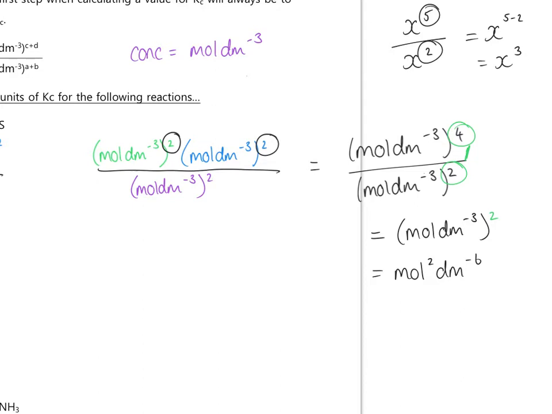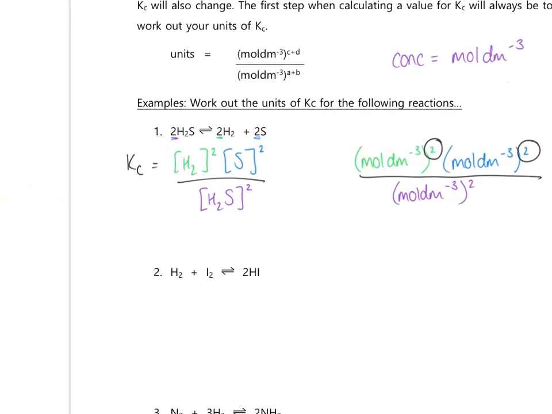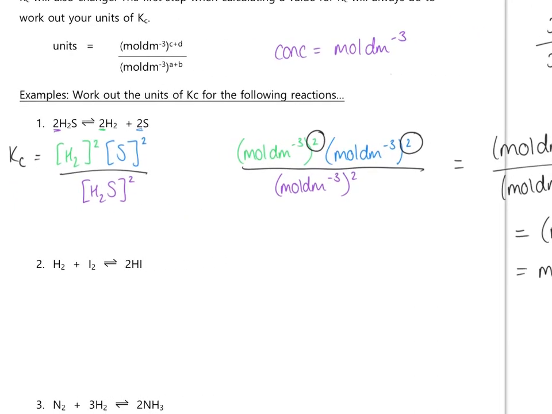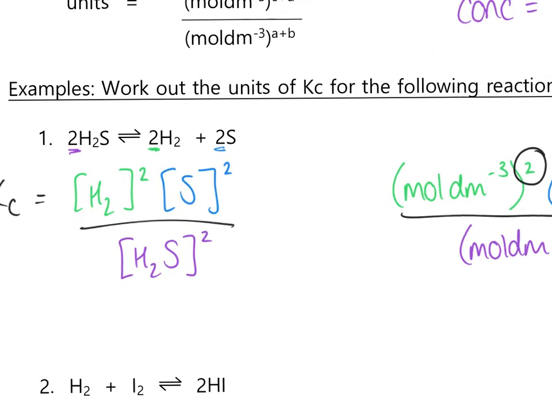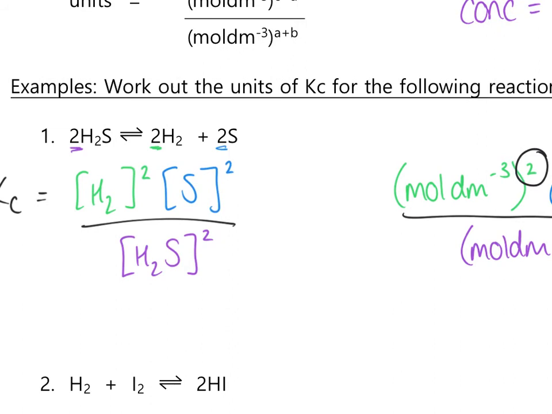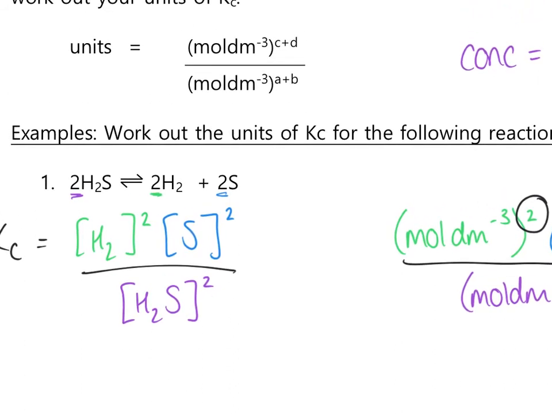One other way of doing that goes way back to looking at our equation. This is represented just above in your general equation here. We can simply say our units are going to be moles times dm to the minus 3 to the power c plus d.